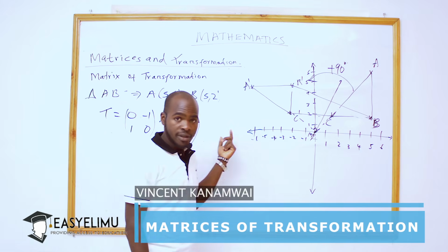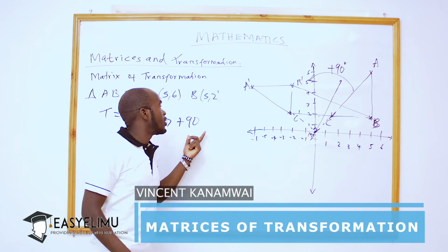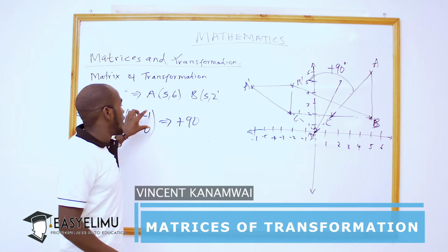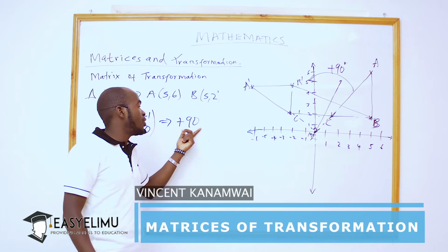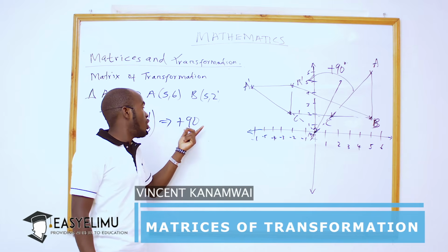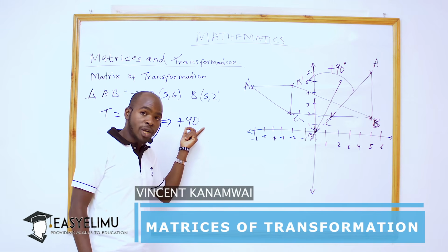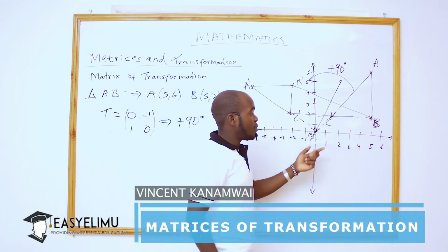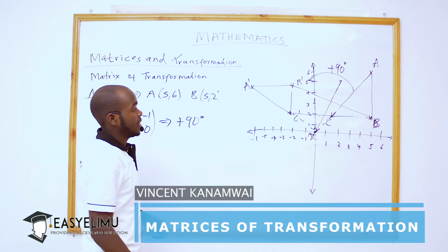Any object being transformed with this kind of matrix will undergo a rotation of positive quarter turn, which is positive 90 degrees from the first quadrant to the second.